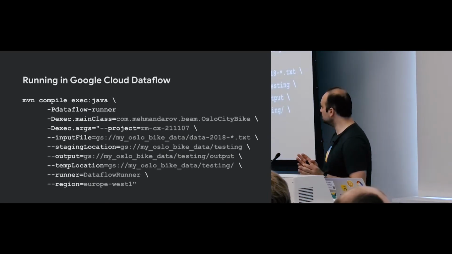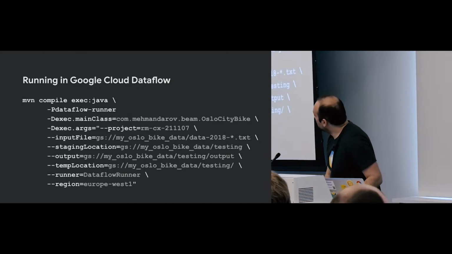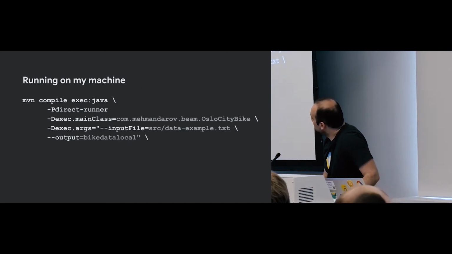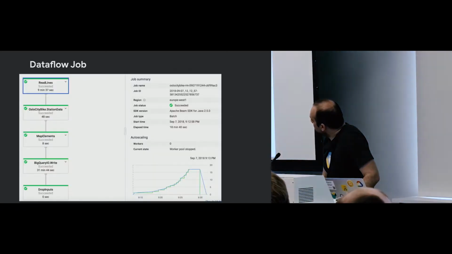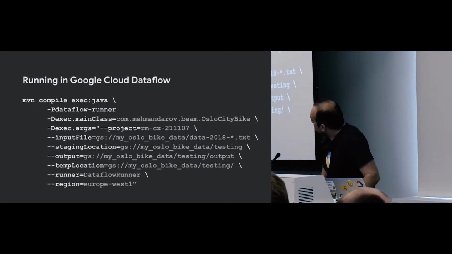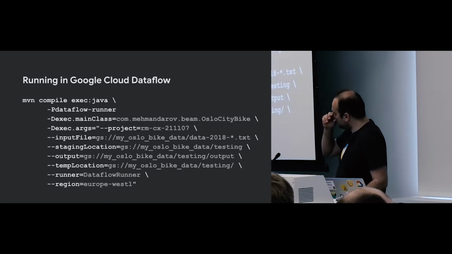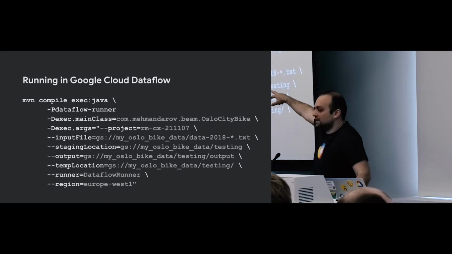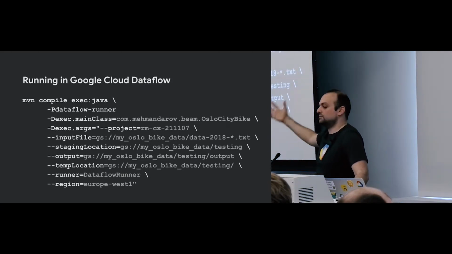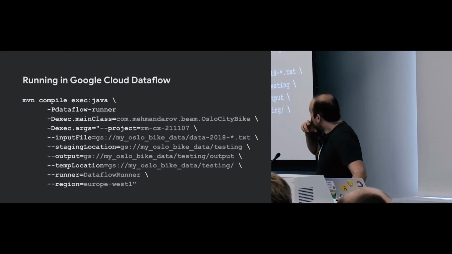So I'll switch, and I will jump a little bit back and forth so you can actually see that there are a few things that change, but in general, it's almost the same, right? You have the direct runner, the first parameter there. The second one is the Dataflow runner. So you switch to Dataflow, which is the managed version of Apache Beam on Google Cloud.